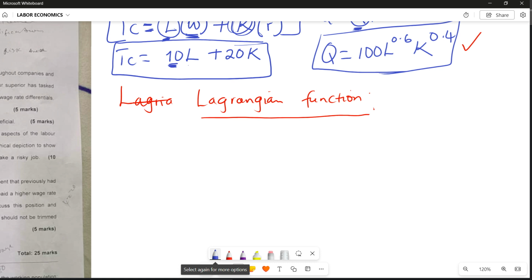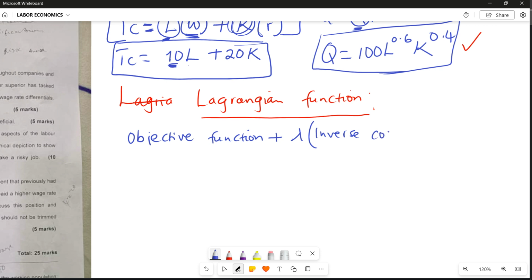You're going to have what is called the objective function. You put the objective function here, and then to this objective function you add lambda, and lambda looks like that. Then you multiply this lambda by the inverse cost function.